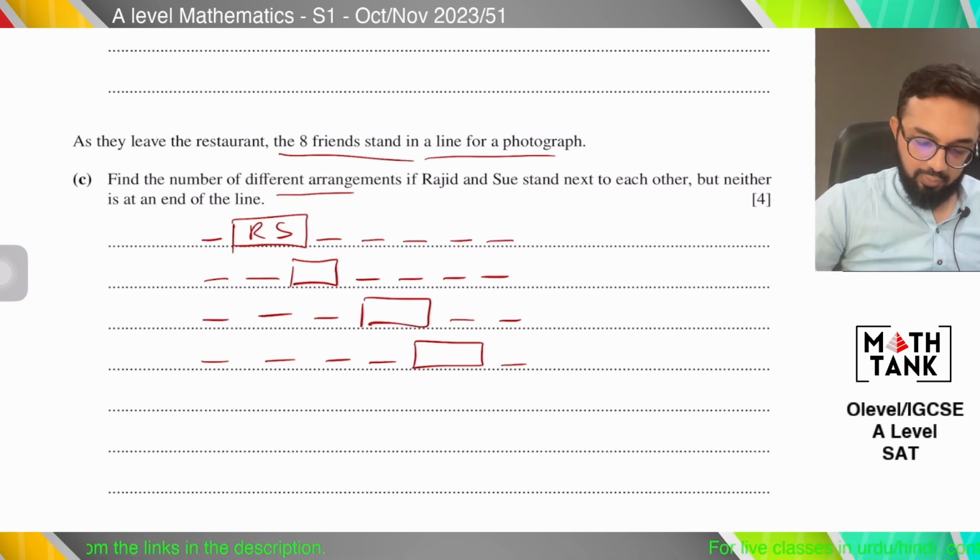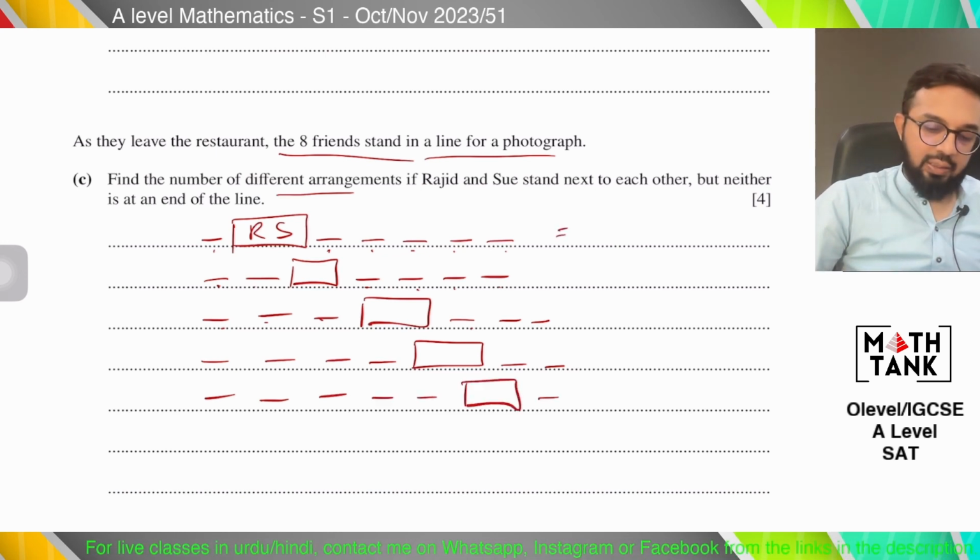I think I've missed one case. Let me count again, 1, 2, 3, 4, 5, 6. Okay, I missed a spot in the middle, so there could be another case.